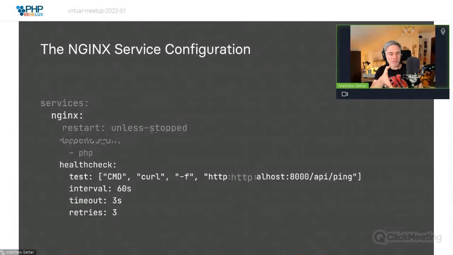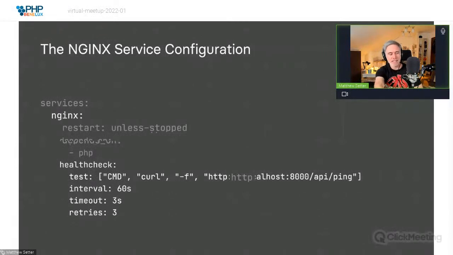In the case of this particular application, by default, Mezzio applications, or those that are created from the Mezzio skeleton project, come with a ping endpoint, which returns a JSON response containing the current timestamp. So I thought that'd be an arguably effective, simplistic way of testing whether the application is working.